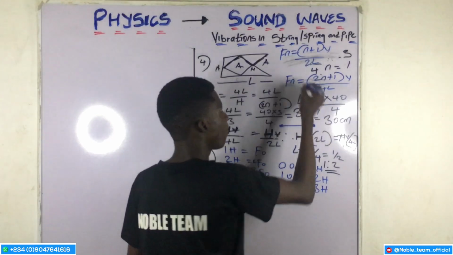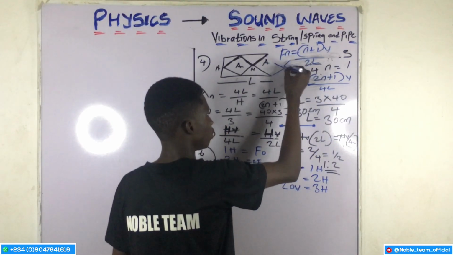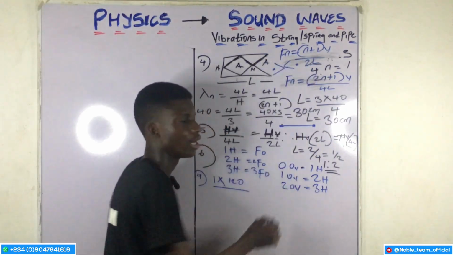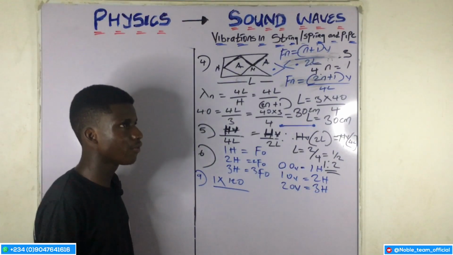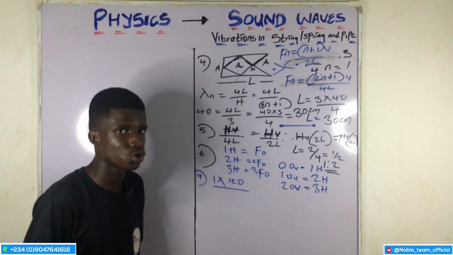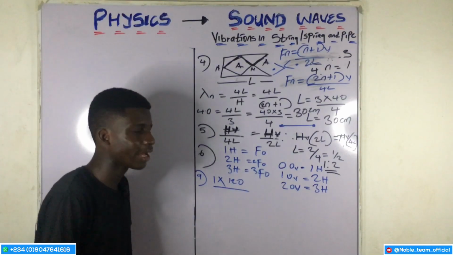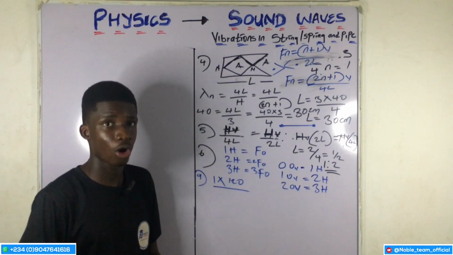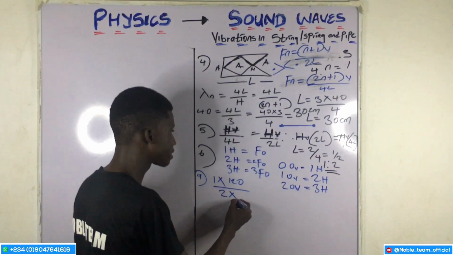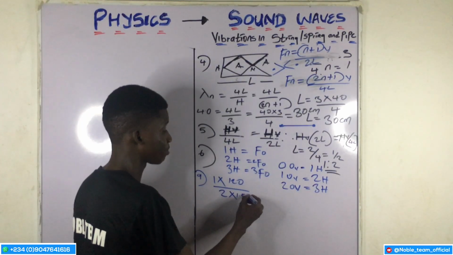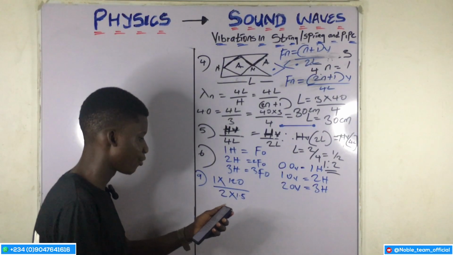It's like saying that open is like this: there is string here, there is string here. Do you understand? So I've given you that an organ is closed, and a sonometer is open. Good. Now it's going to be 2 times 1.5 because my length is 1.5 according to the question.